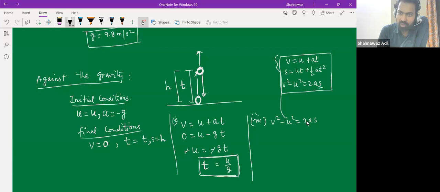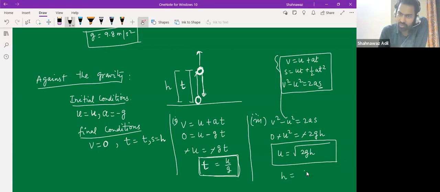Now let us talk about this equation. So V is 0, U is U, A is minus G, and S is H. So minus minus cancel and U square is 2gH. Right. So you can see that in here you can also calculate H, which is U square by 2G.